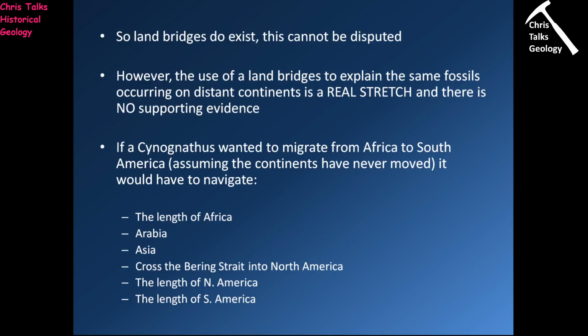Well, the answer is no. Although there are land bridges, and yes, they do allow animals to migrate, there is absolutely zero evidence for land bridges having been around that would have allowed animals to have happily migrated from, let's say, South America to Africa during the time frame that we're talking about. So there's no evidence to suggest that the land bridges actually existed.